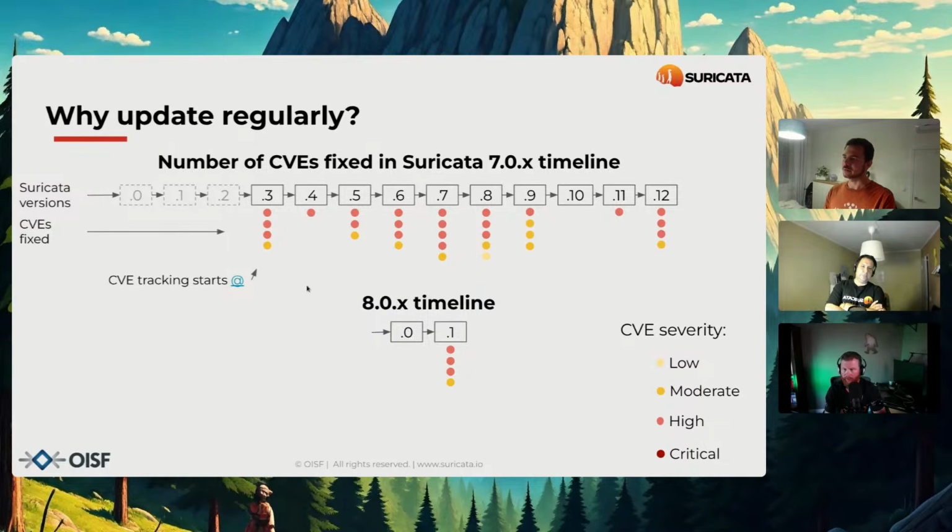Sorry to interrupt, Lucas, but just for clarification, maybe some of the viewers don't have the background. When you have the main branches 7 and 8, obviously you're better off on 8, but nothing new is being introduced into the 7 branch. It's just patches, fixes, and similar. 8 is the newer one, with many more features than 7, and that's the reason why they're separated.